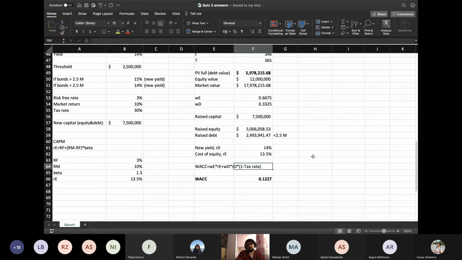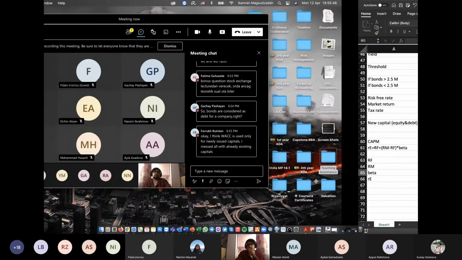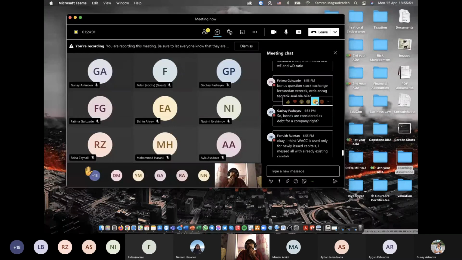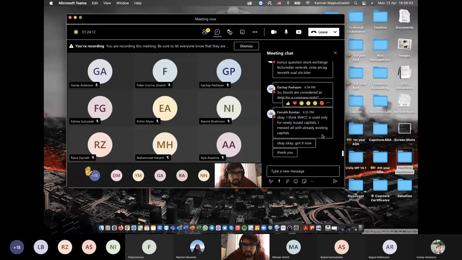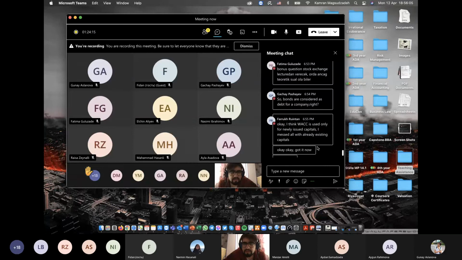This is the VACC inputs. We calculated them firstly and then calculated VACC. Okay, great then.